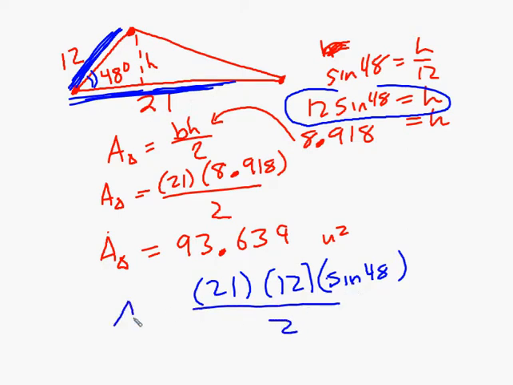So whenever you have a side angle side setup in a triangle, you can use this formula and get your answer a little bit faster. We'll call it side 1, side 2, times the sine of the angle between them.